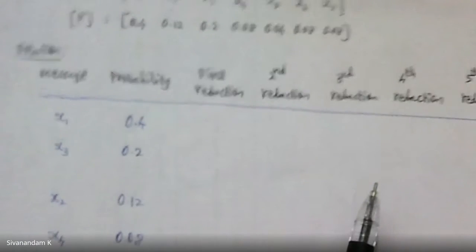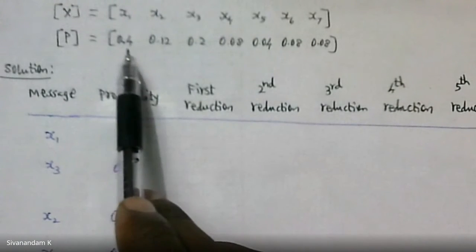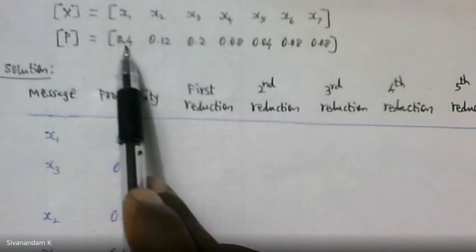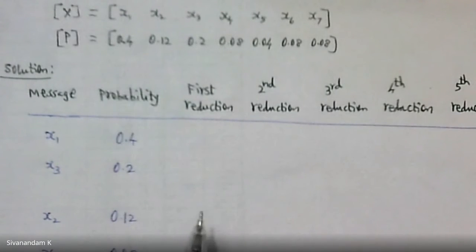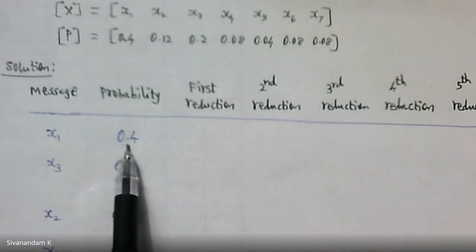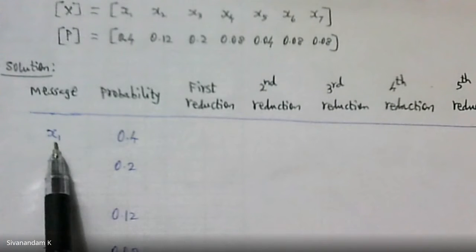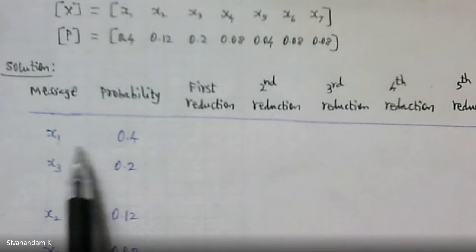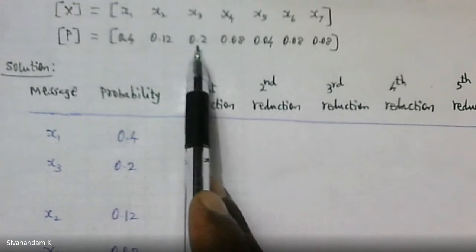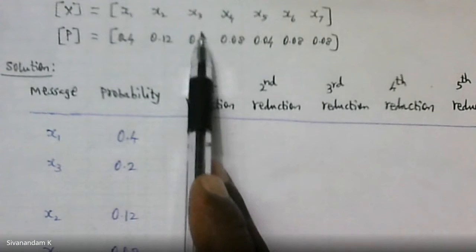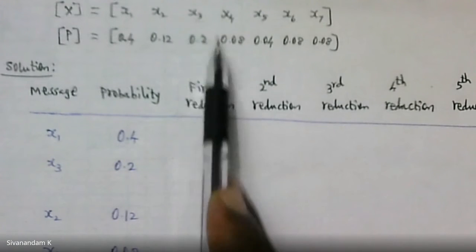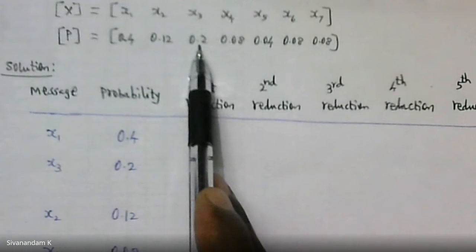From the probability set, the highest probability goes to message 1, that is 0.4. The next highest probability value goes to message 3, x3, and the value is 0.2.